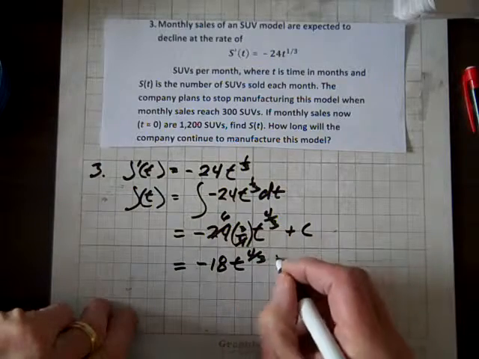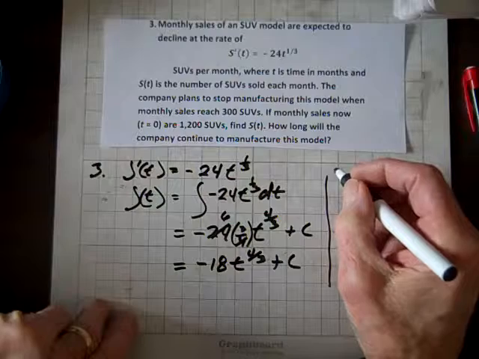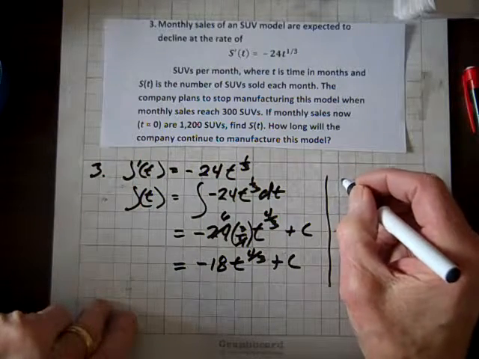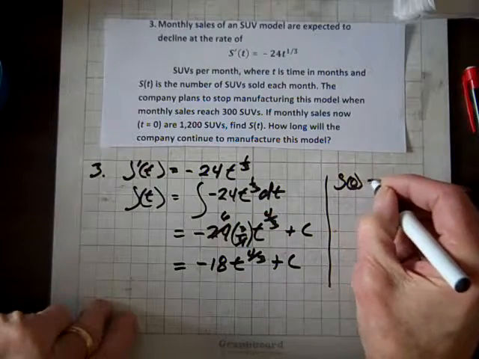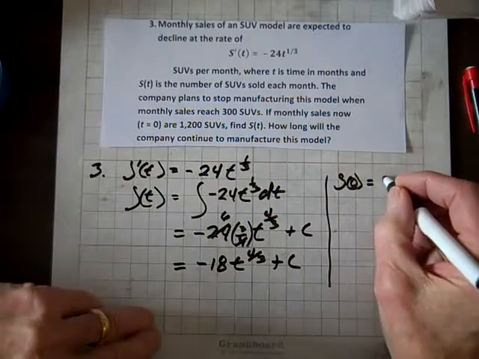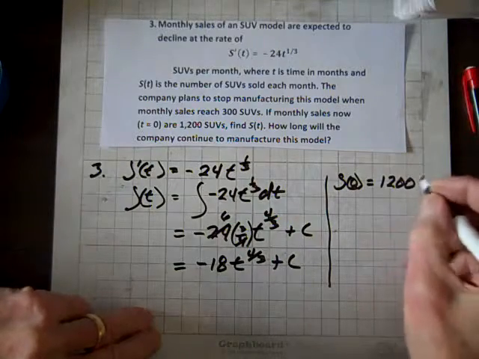Now we're also given the information that at time 0, so S of 0 equals 1,200 SUVs.